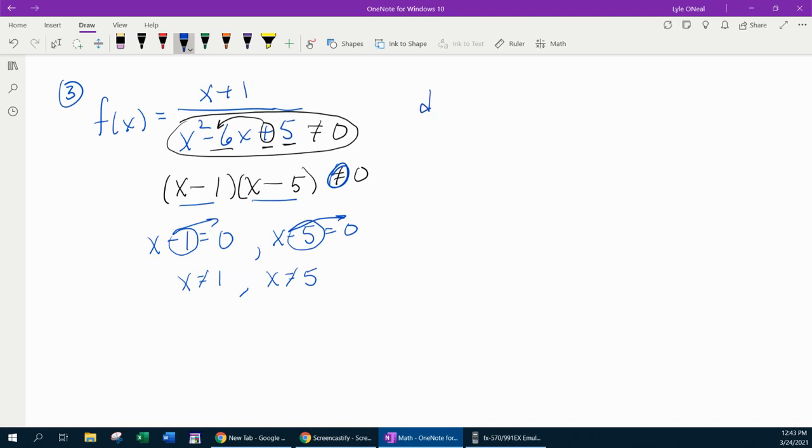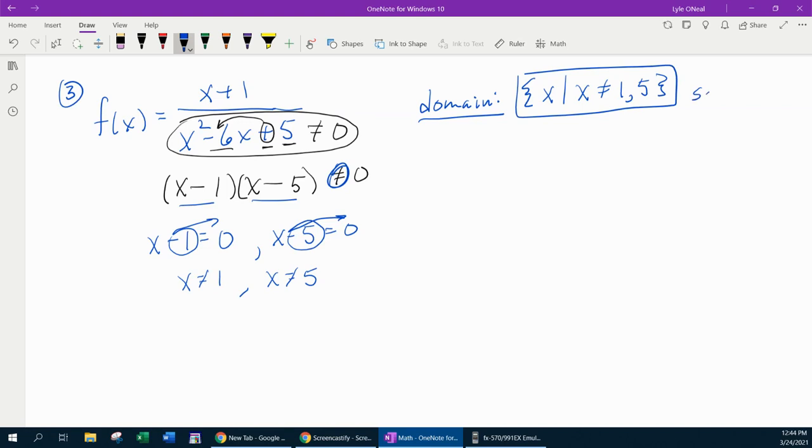So to write the domain in set notation, we would say the set of all x such that x cannot be 1 or 5. That's the way the domain would look in set notation. If I want to write that in interval notation, remember the domain can be anything all the way from -infinity up to 1, but not including 1.